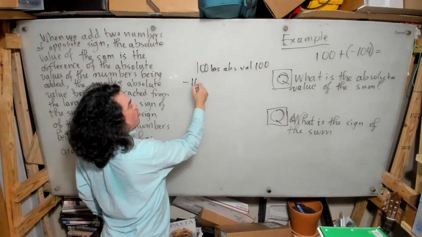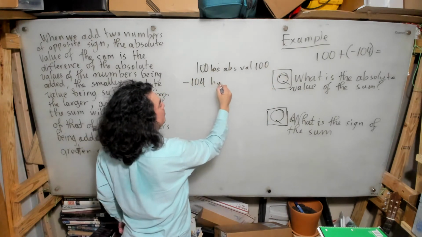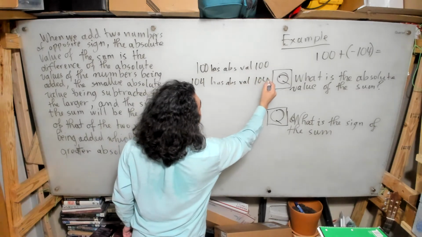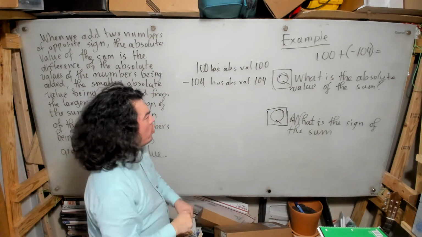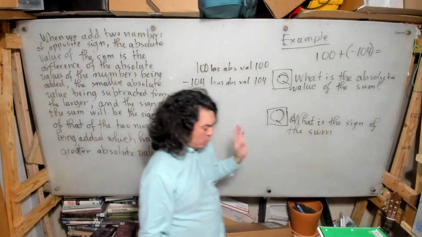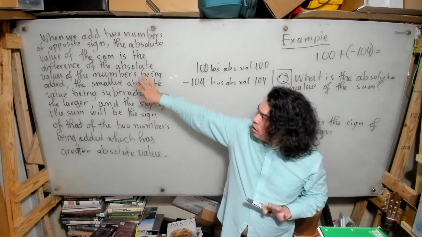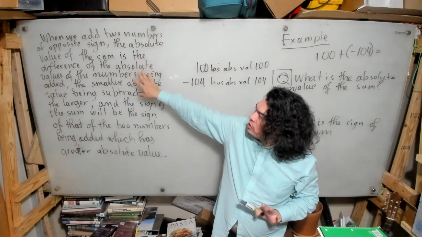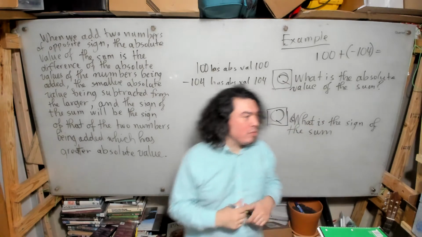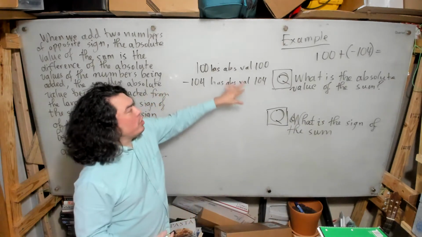And negative 104 has absolute value 104. We ask ourselves, which one of these is bigger? We look at the rule again. The absolute value of the sum is the difference of the absolute values, the smaller absolute value being subtracted from the larger. So which one of these is bigger?